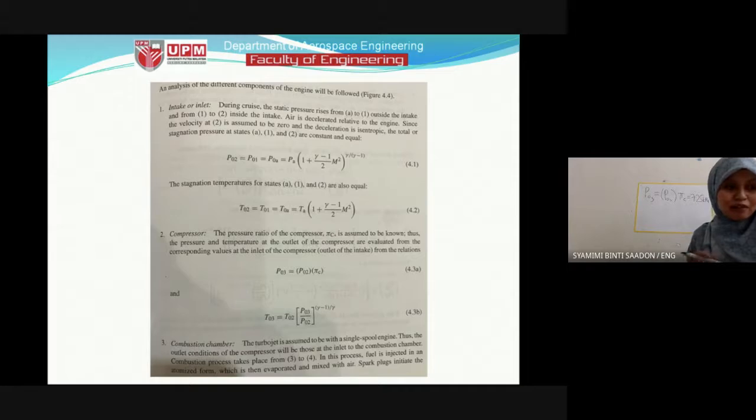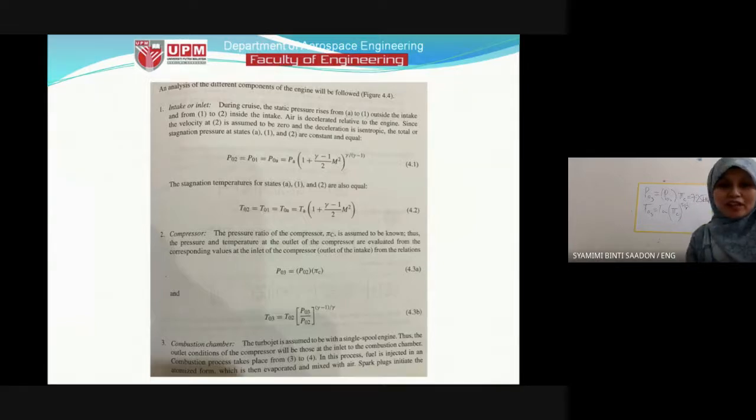Next for T total 3. So we use this one, because we have all those values. This is the isentropic equation for ideal gas. Isentropic, ideal but irreversible. So this one is the same as just now. So T total 2 times the compressor pressure ratio to the power of gamma minus 1 over gamma.